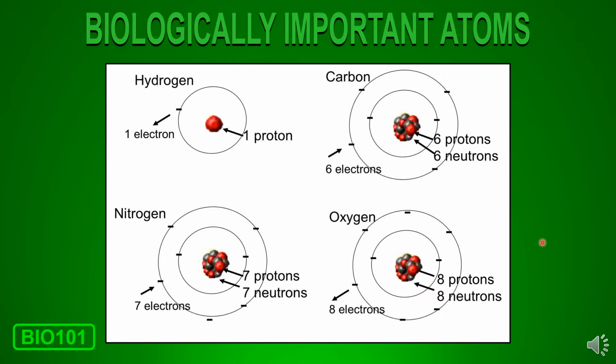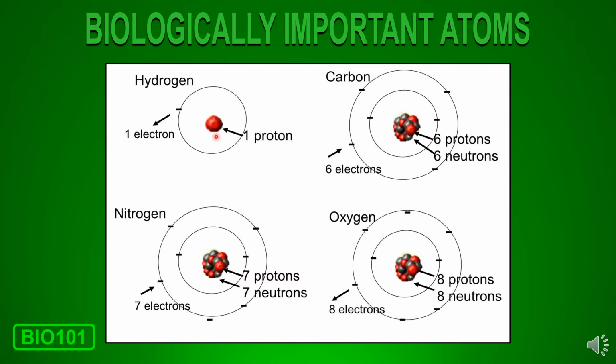All right, here we see more diagrams of several important biological elements, beginning here with hydrogen. Hydrogen has one proton in its nucleus. Notice that hydrogen does not have any neutrons, just one proton.